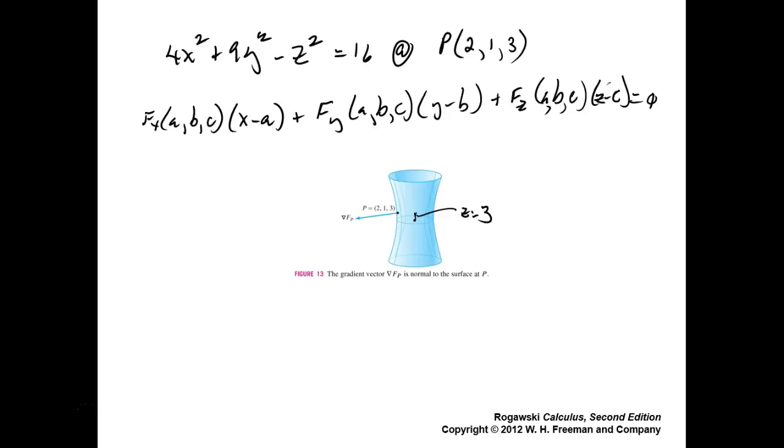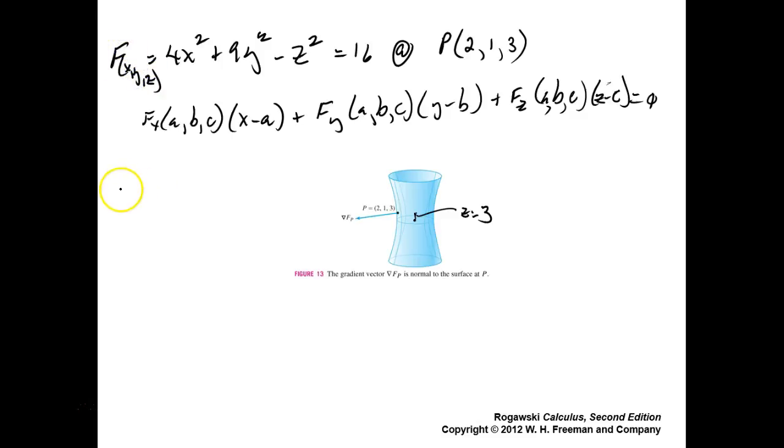All right, now, we know our (a, b, c). 2 is a, 1 is b, 3 is c, so we can plug that in. But before we get there, let's take our f sub x. This is your f function, f of x, y, z.